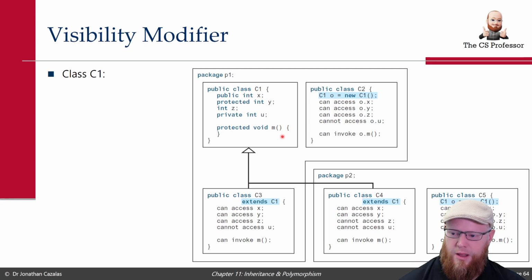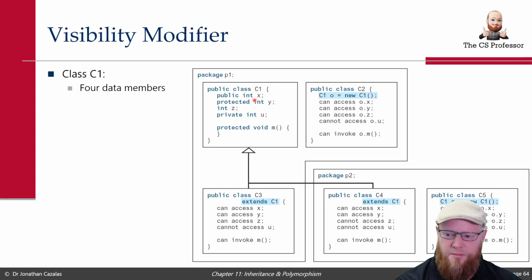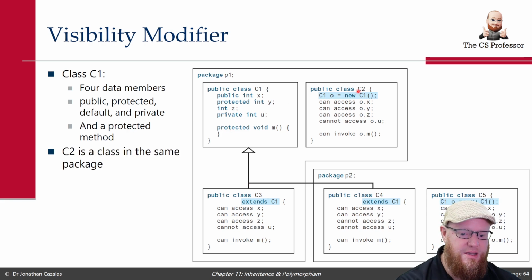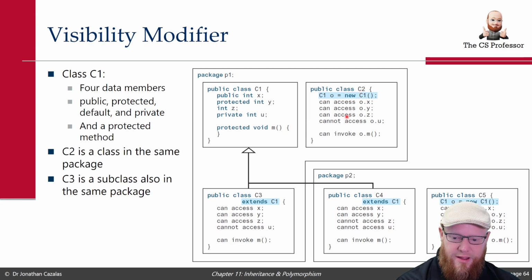Here we have class C1 that has 4 data members, and the 4 data members are public, protected, default, and private. That's the accessibility. We also have a protected method. We have class C2, which is in that same package. Class C3 is in the same package as well as it is a subclass of C1.